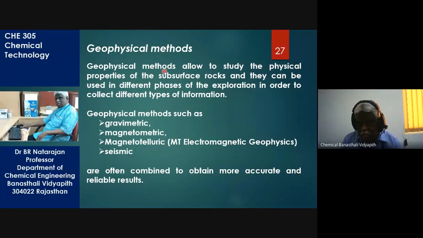Geophysical methods. Geophysical methods are of different types. They involve gravimetric, magnetometric, magnetotelluric, seismic. What is gravimetric? Gravimetric, as the name suggests, is to find gravity, right? Remember, all over the earth, the gravitational force is not the same.